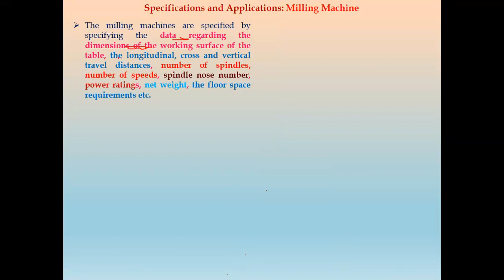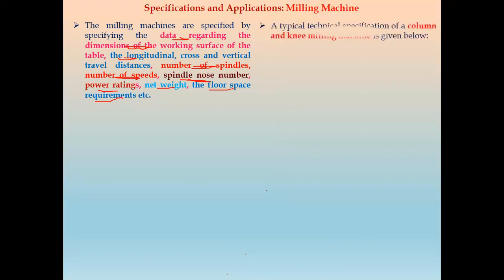Second is the longitudinal, the dimensions regarding the working surface of the table, then cross and vertical travel distance, then the number of spindle speeds, or you can say speed steps, then power ratings, net weight of the milling machine, and floor space required. Based on that, the specification of the milling machine will be there.